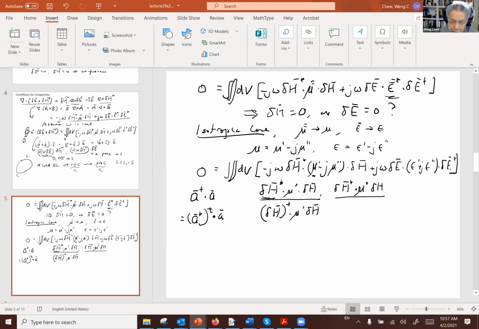So this inner product actually is the same as this inner product. And if you have this inner product in linear algebra, what do you know about the special property of this inner product? Does anybody know? Nahim, do you know?